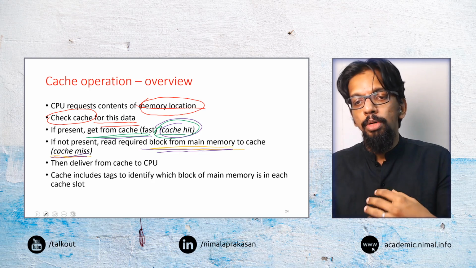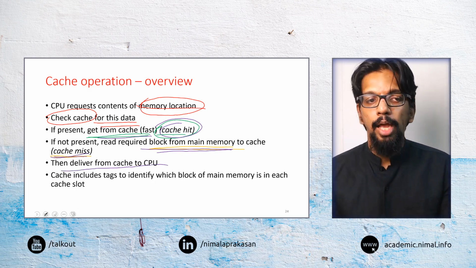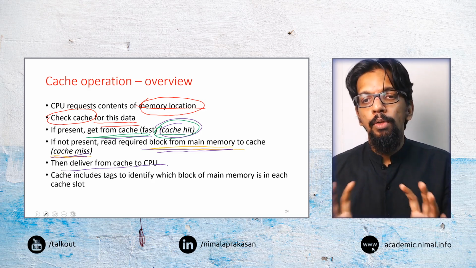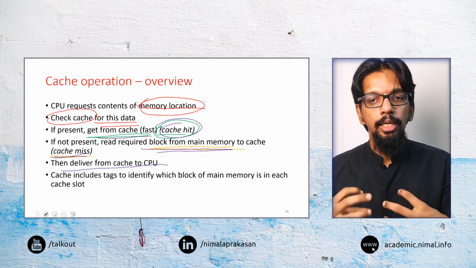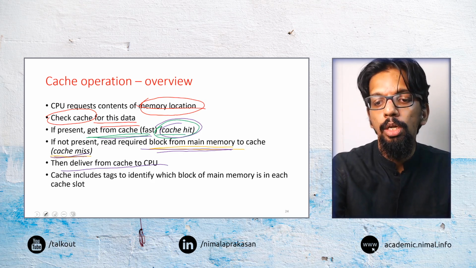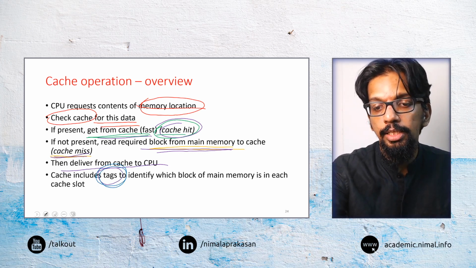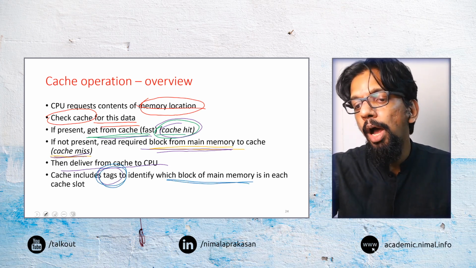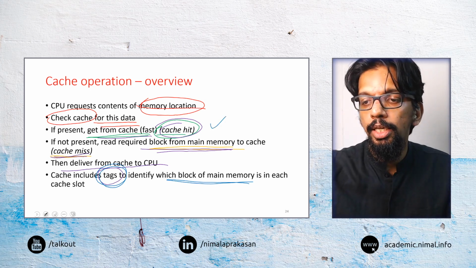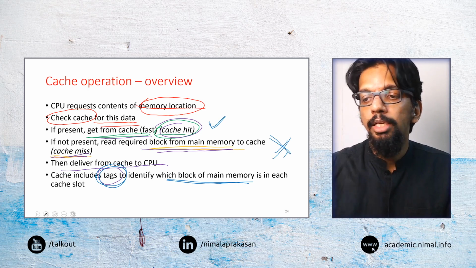And depending on wherever it's being read, it will be delivered back to the CPU. And one of the main things in the cache to see if the data is available is what are called tags. So cache memories will have various tags to identify which parts of the main memory are available in the cache, to indicate whether it is a cache miss or a cache hit.